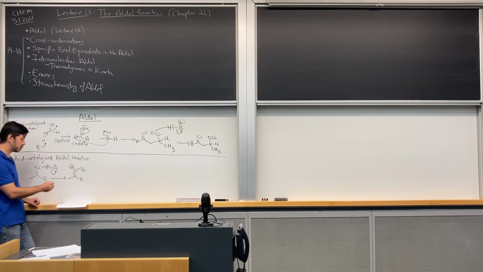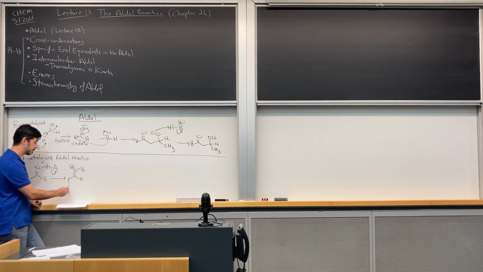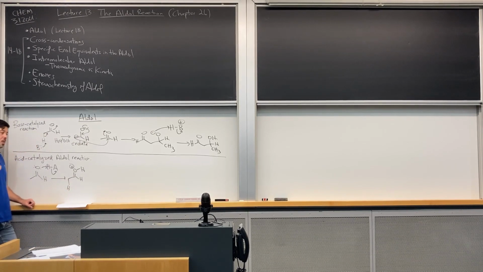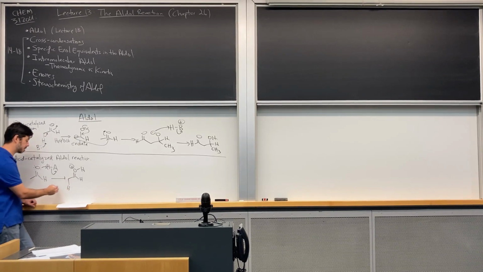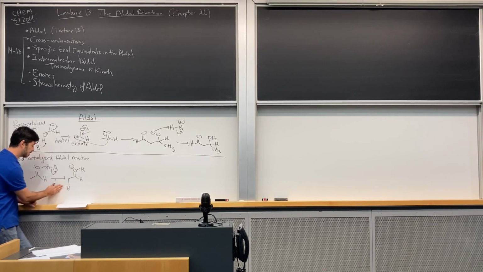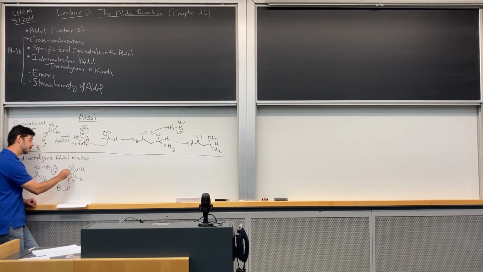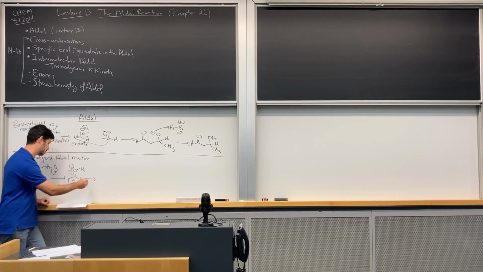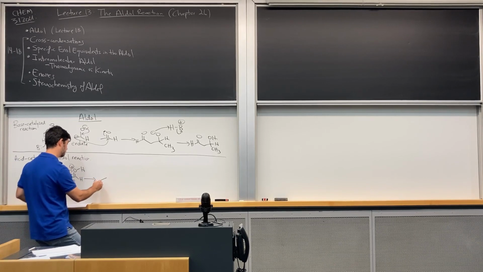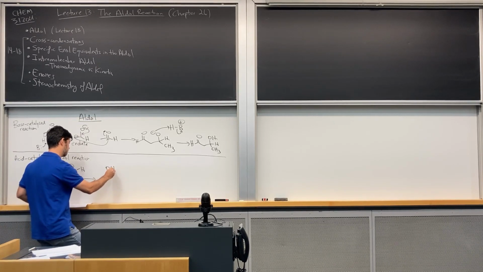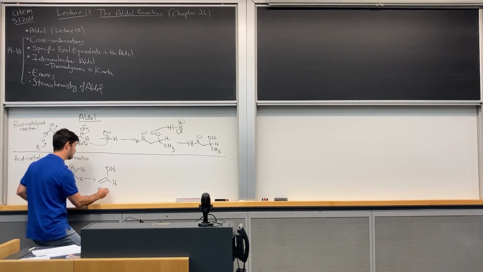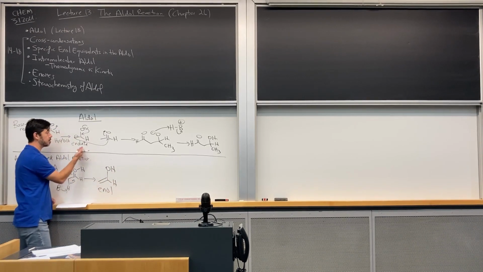And then you're going to have some very weak base. Let's call this B for base. This will come and form not an enolate, but an enol. And an enol is very similar to an enolate.